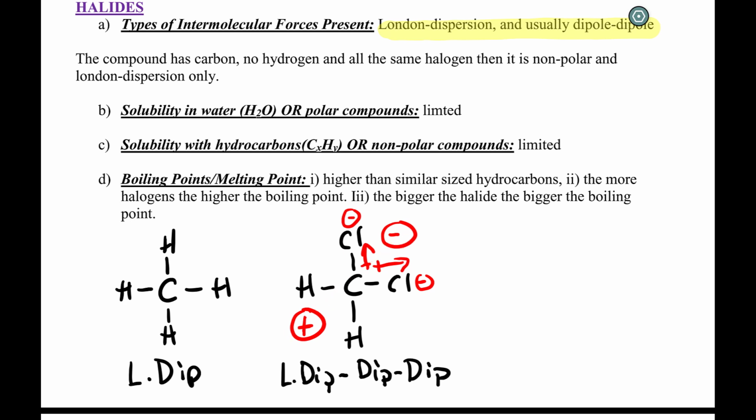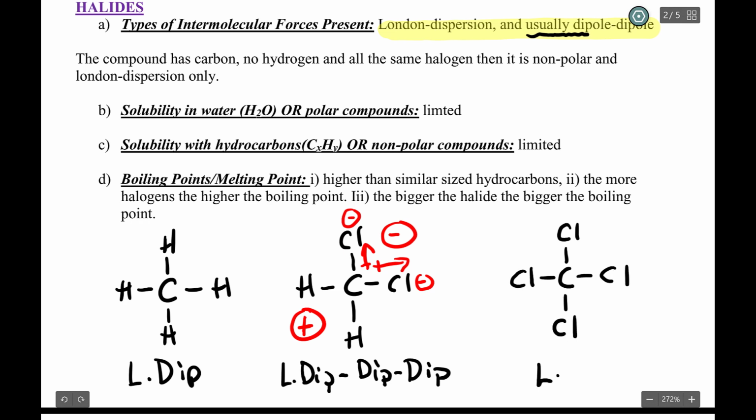So the more polar something is, generally the higher the boiling point is going to be. Now if I did something like this, and this is why I'm saying it's usually dipole-dipole, if I had tetrachloromethane, this is actually London dispersion forces only because the dipole moments actually cancel out. They're all moving out towards the chlorines, so it's negative, negative, negative, negative.